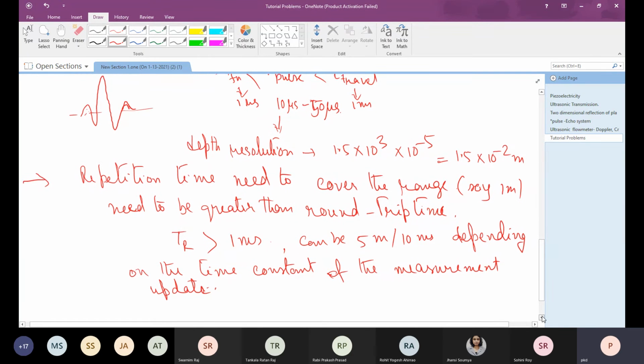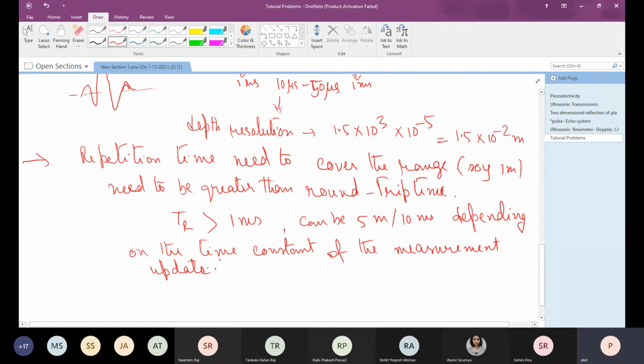Measurement update. So time constant is usually for continuously measured variables. Here we are not measuring continuously. Basically we are sending a pulse, waiting for its reflection, then doing some kind of processing and calculations.